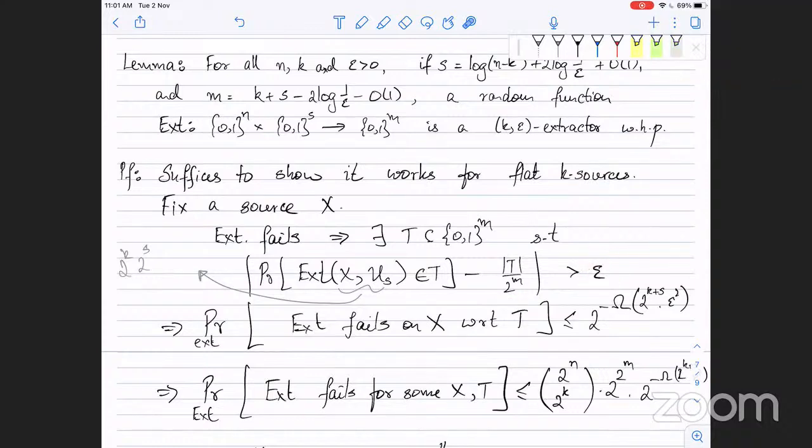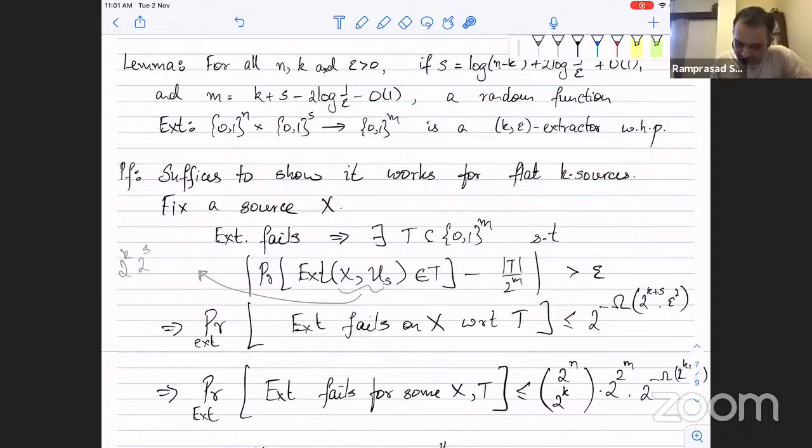When you say probability of extractors, you're picking the extractor at random? Yeah, what I mean here is that this function from 0, 1 to the n cross 0, 1 to the s to 0, 1 to the m is itself picked at random.